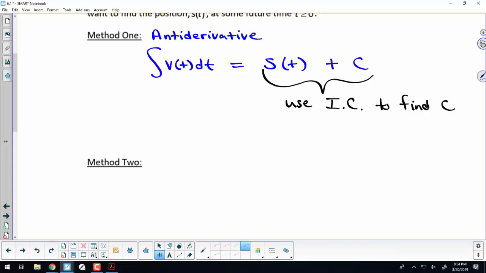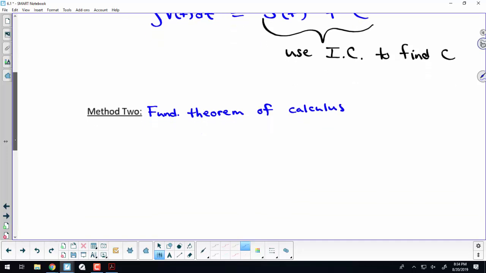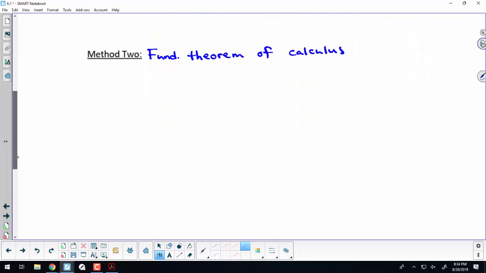Second method, method 2, we're going to call this fundamental theorem of calculus. Fundamental theorem of calculus to do this. And it's both the same, right? It's just two different ways of doing the same thing.